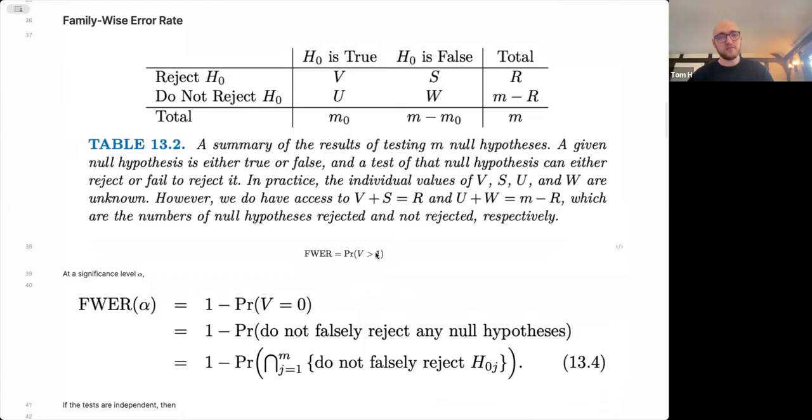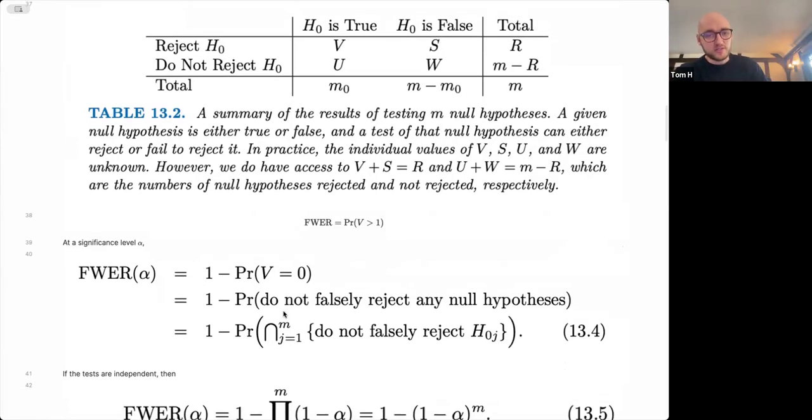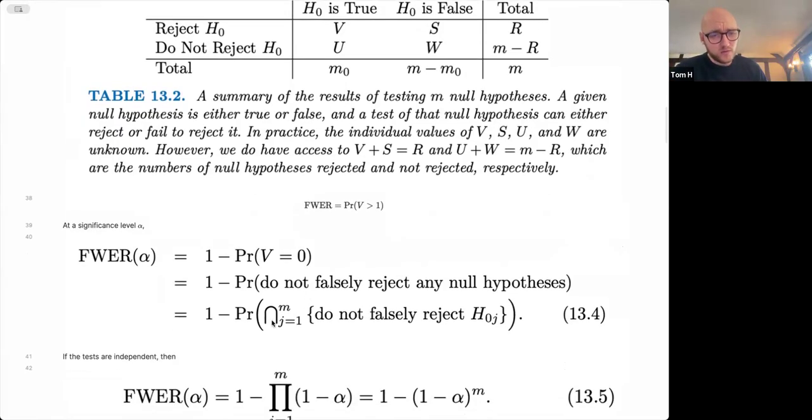So the probability of V being greater than 1, if you look at the complement of that event, it's the probability of V equals 0. So that's equivalent to 1 minus the probability of V being 0, which is the probability that you do not falsely reject any of the null hypotheses, which itself is the intersection of not falsely rejecting any of the jth null hypotheses.